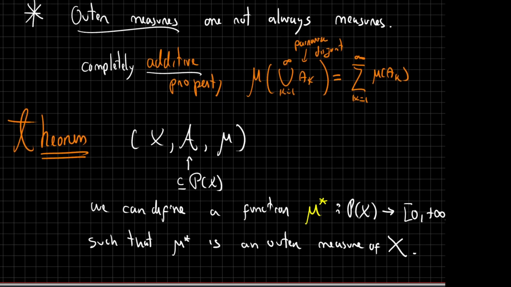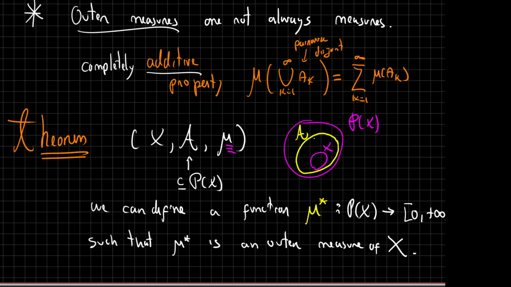So this is important because we may have some measure of interest. We don't know which one it is. That is not necessarily defined on the whole power set. Let's write it like this. This is the power set of X. X is here, and we have some measure defined on this subset of the power set.